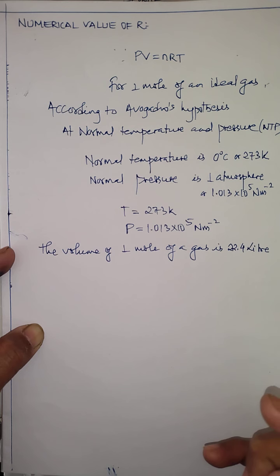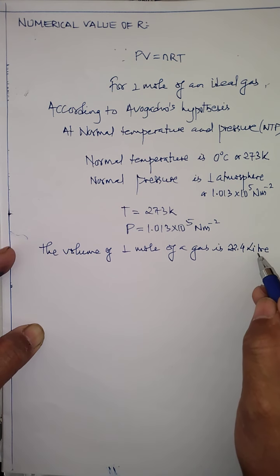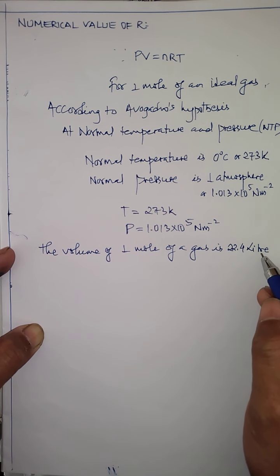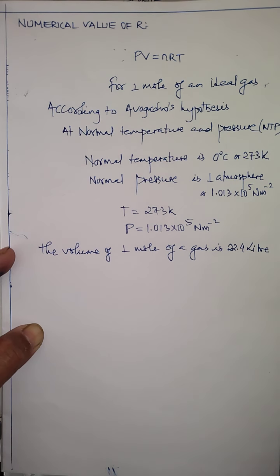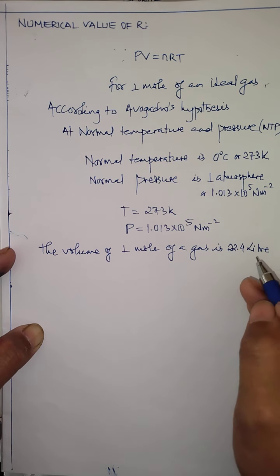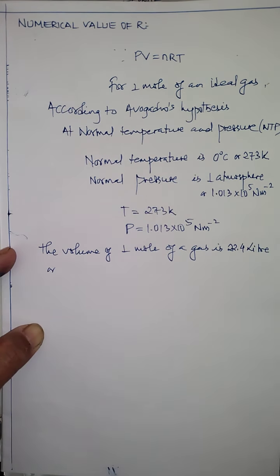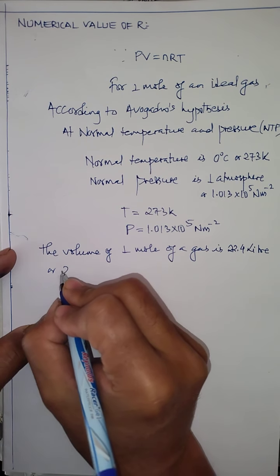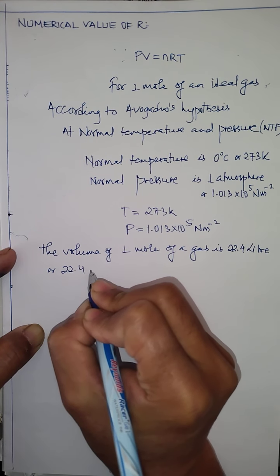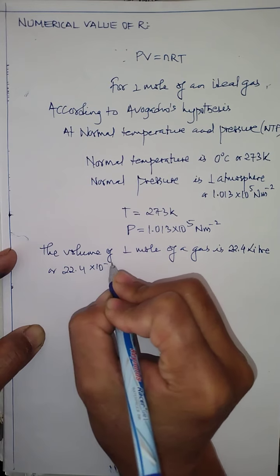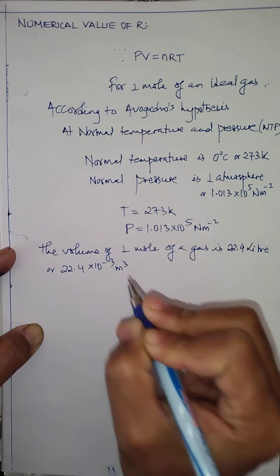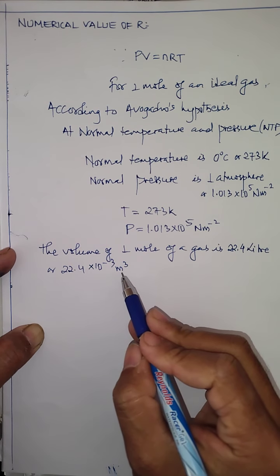Now liter is a unit of volume, but it is not the SI unit. So we can write this in meter cube: 22.4 into 10 to the power minus 3 meter cube, because meter cube is the SI unit of volume.